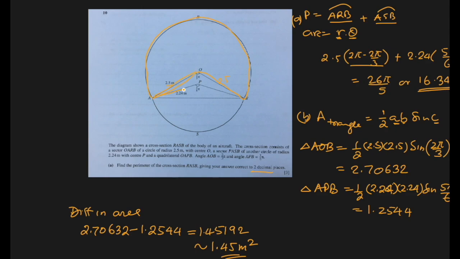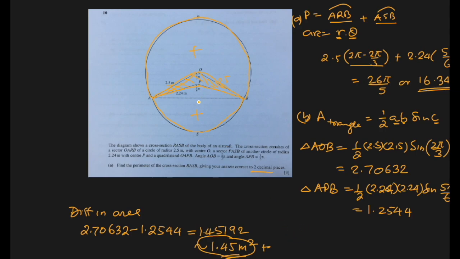Then I will find the area of this sector, which is below. This middle area is not part of both of them, right? But we just found it, 1.45. So we will add the area of this sector and this 1.45, and we'll get the area of the whole shape, the cross section, right? This is what we're going to do now.